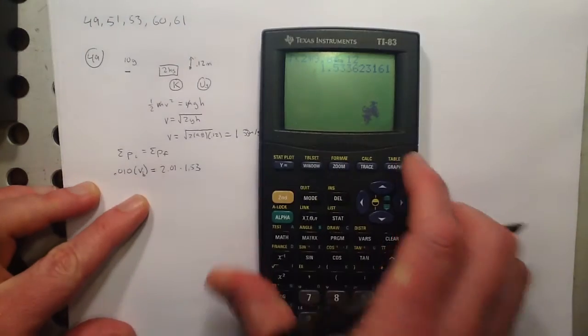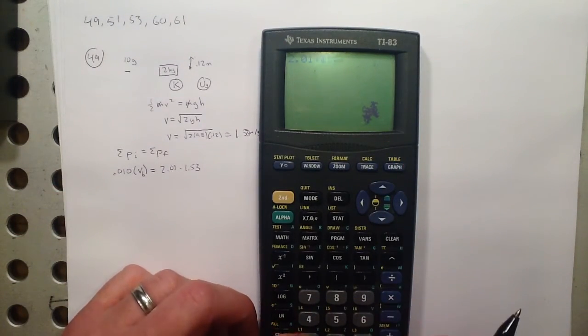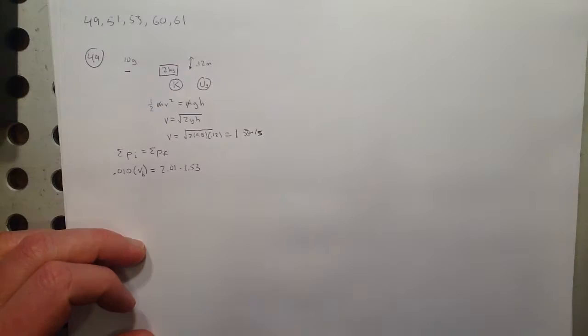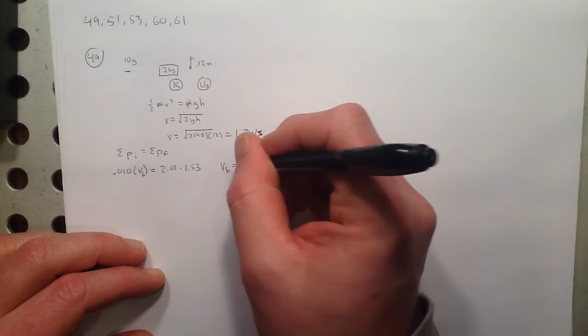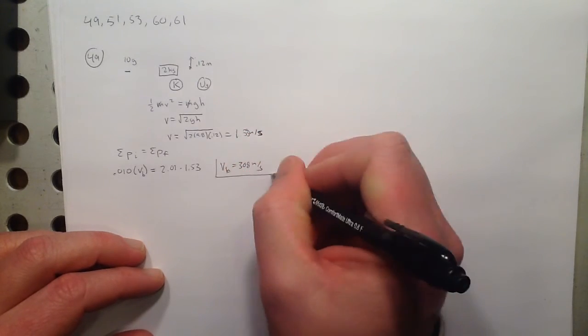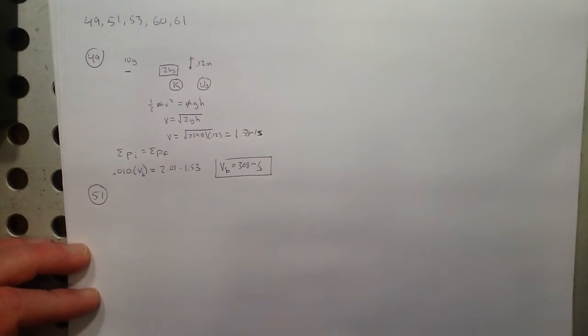And now we can find the velocity of the bullet. It's 308, say, meters per second. That's all there is to it. That is a classic problem, the ballistic pendulum.